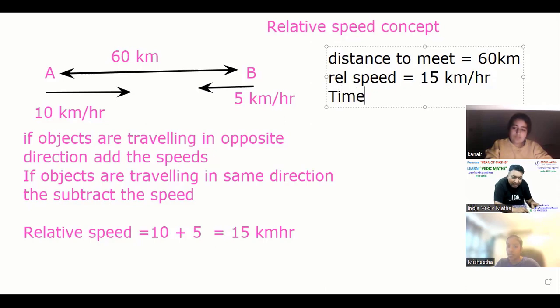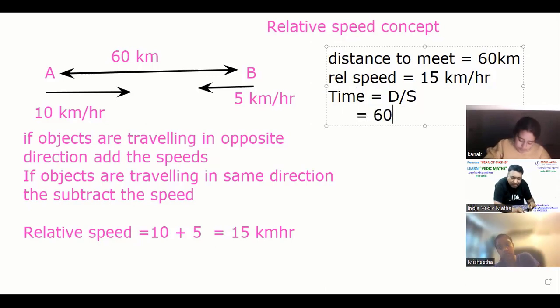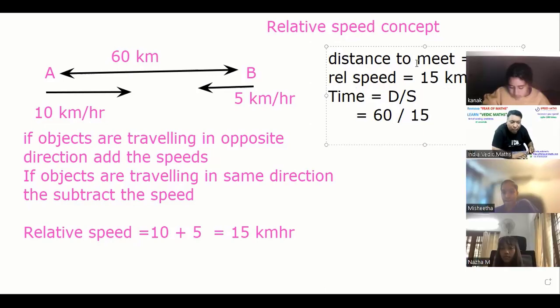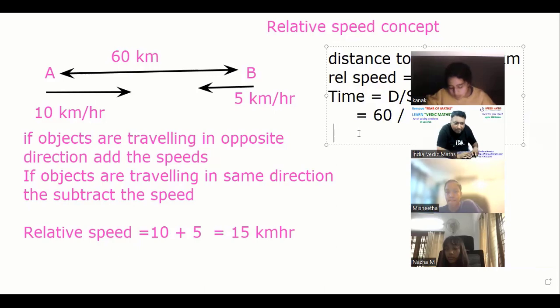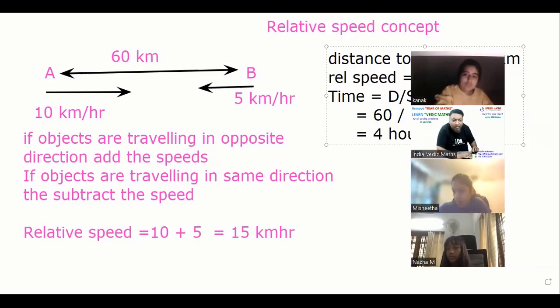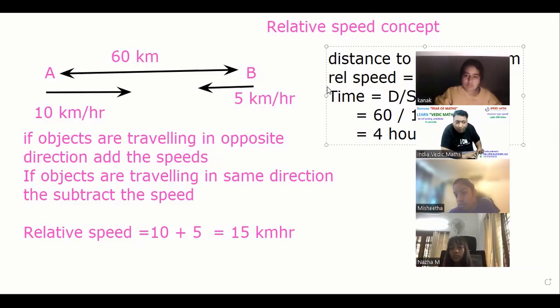Speed equals distance over time, so time equals distance over speed. Distance is 60, speed is 15. So time will be 4 hours. It will take 4 hours for them to meet. Got it? That is the first way, if they are moving in the opposite direction. Got everybody?